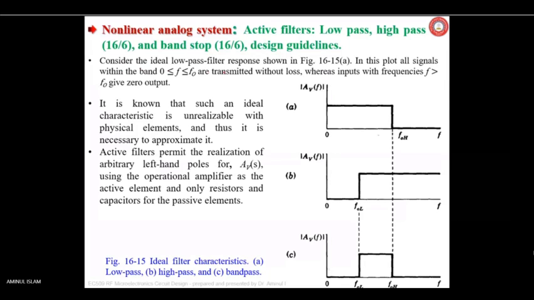Consider the ideal low pass filter response shown in the figure here. This is the ideal case; remember, a sharp fall is occurring. In reality it will not happen. In this plot, all signals within the band f greater than or equal to 0 and less than or equal to f0, the higher end of the frequency band, are transmitted without loss.